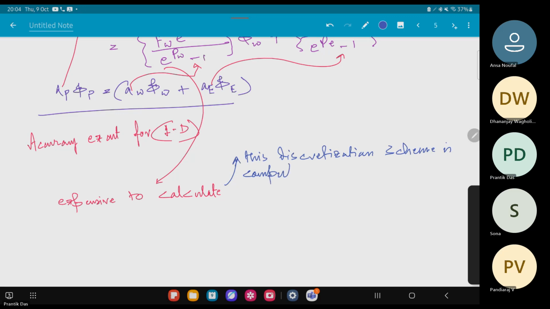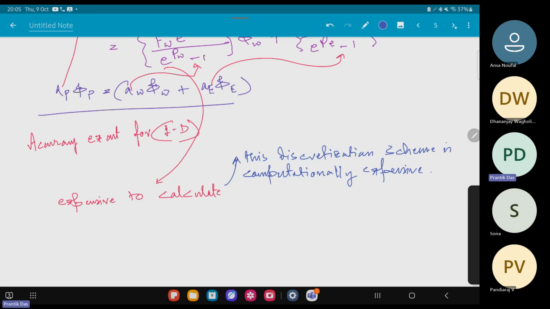Since it is computationally expensive, we generally avoid it. But in certain problems where convergence is a problem with computationally inexpensive schemes like the central difference scheme or the upwind scheme, then we should go for this kind of scheme.